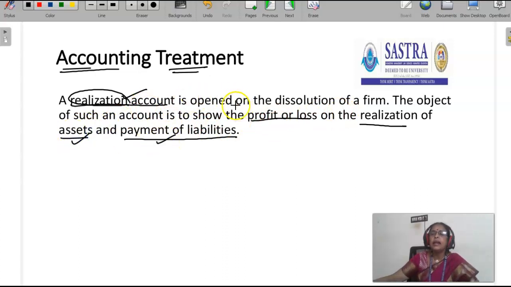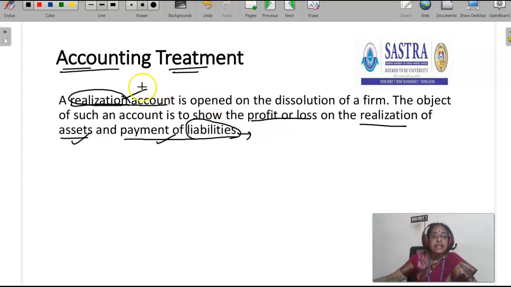At the time of the dissolution of the partnership firm, they sell the assets and settle the liabilities. Sometimes the assets are sold at higher prices, sometimes at lesser prices. Likewise, in payment of liabilities, sometimes the creditors will accept a lower amount, and sometimes we have to settle the amount with some interest.